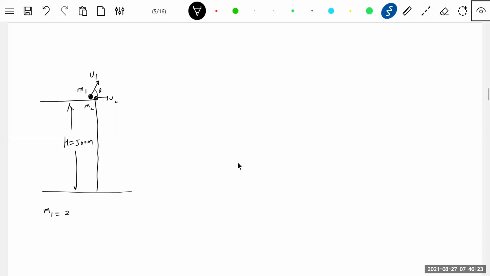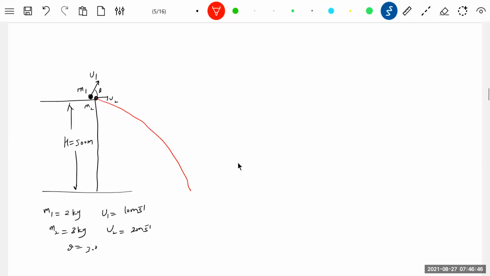So m1 is 2 kg, m2 is 3 kg, u1 is 10 meter per second, u2 is 2 meter per second. Theta, let it be 30 degrees. Then what is the motion? The path of this will be like this.